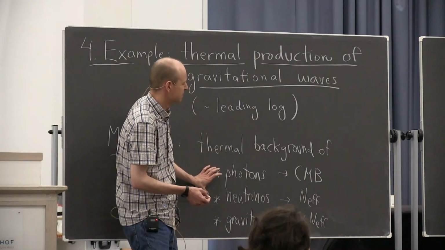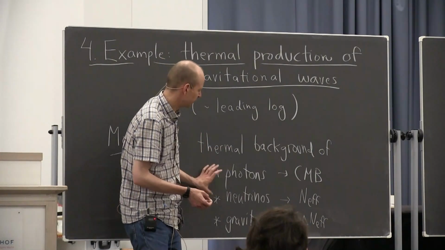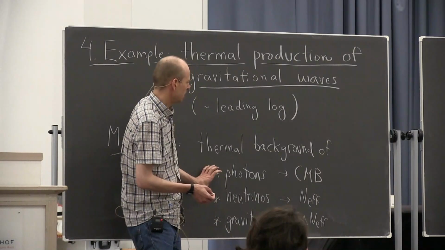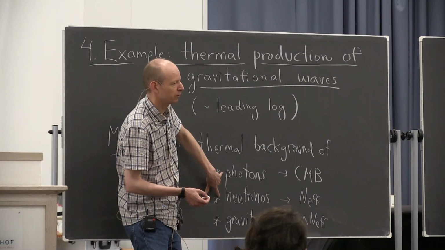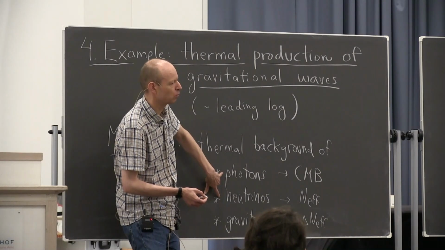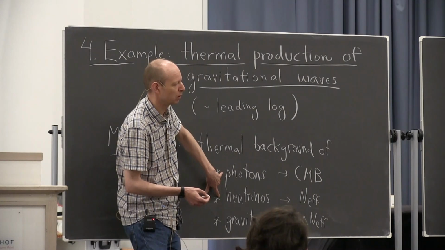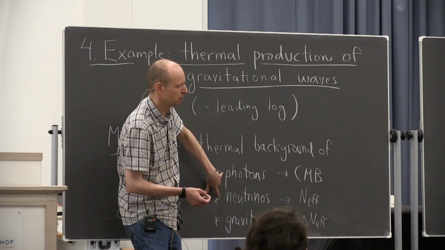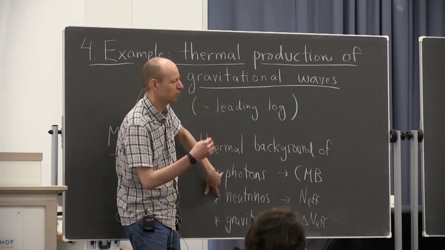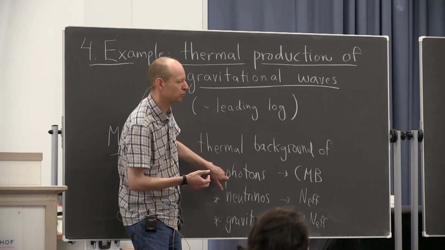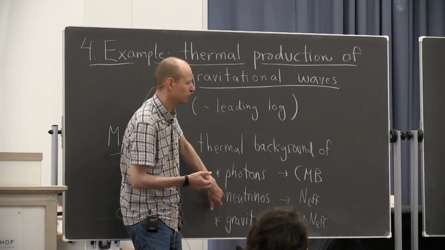Now there is a difference, however, between these two and this one. For photons and neutrinos, the way that this thermal background is born is that we believe these were for a long time in equilibrium, and then at some moment they decoupled. There was a last scattering for photons, and there was a decoupling for neutrinos.